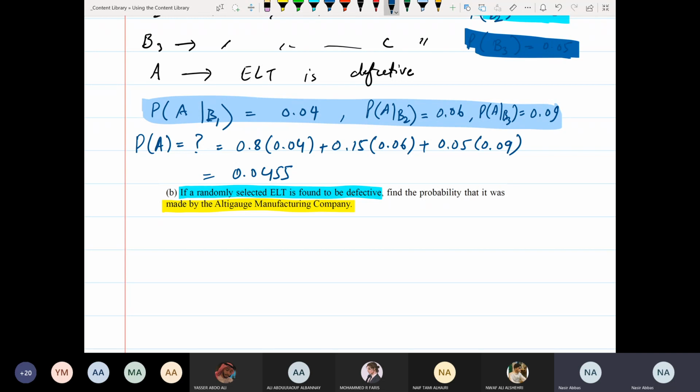Now I'm going to write this one as something given something. Now who can tell me what will come here? Yasir. B1 given A.